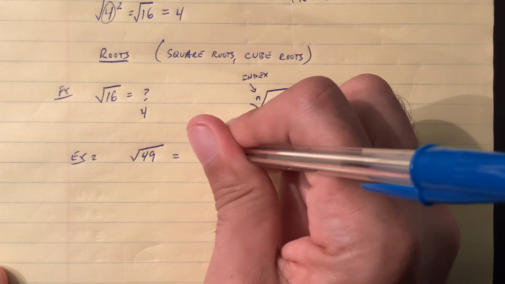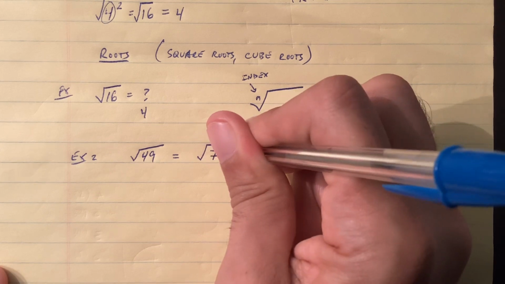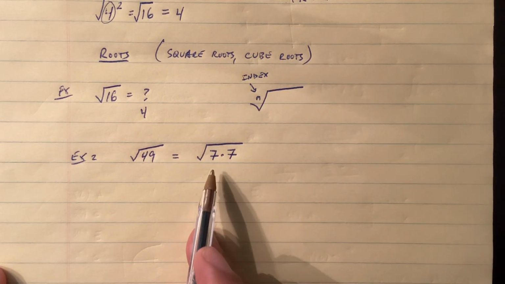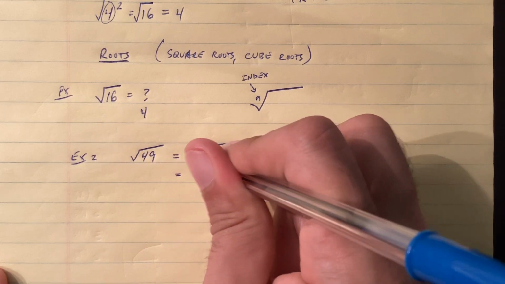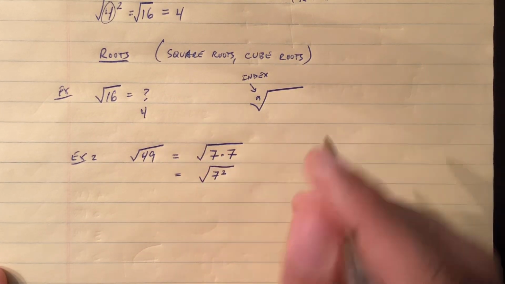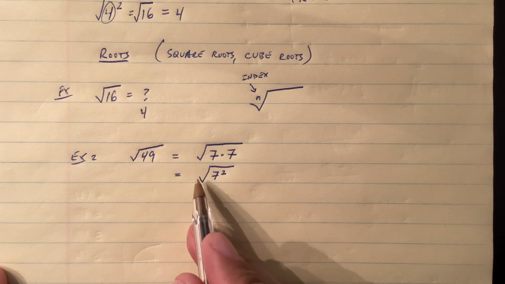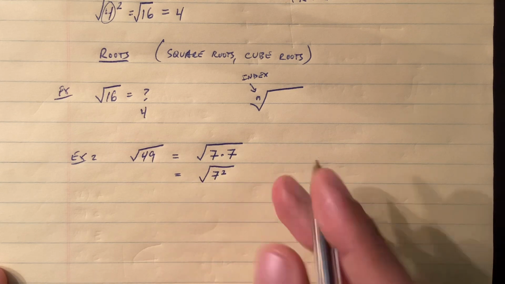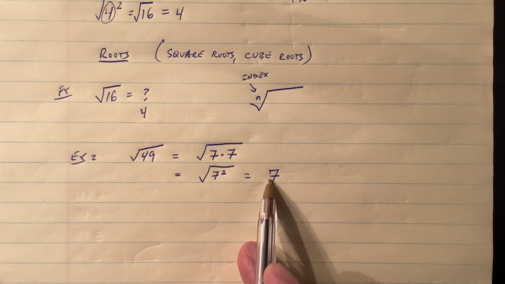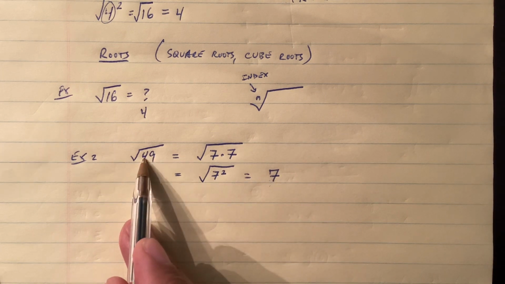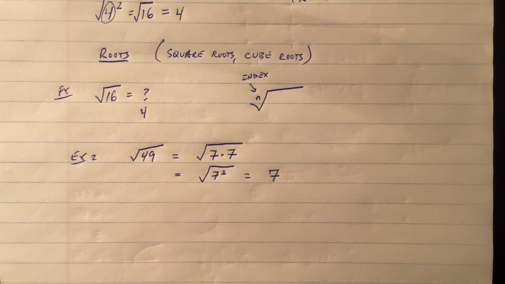You may remember from multiplication tables, that's 7 times 7. And 7 times 7 is 7 squared. Because now the index matches the power, our answer is equal to 7. Because 7 is the number that, when you multiply it with itself, gets us the 49.